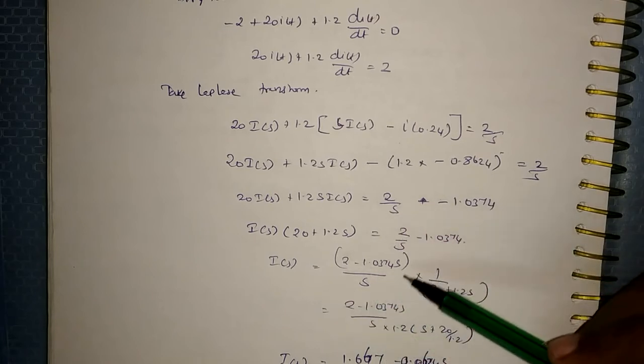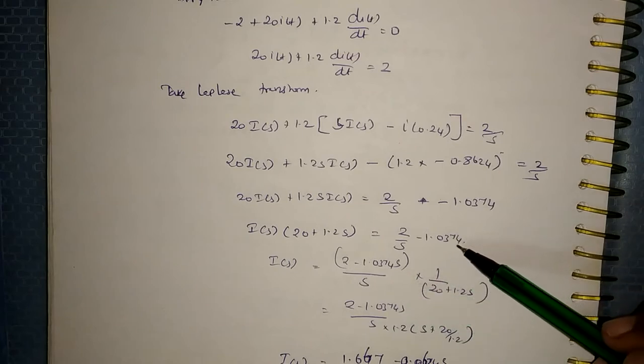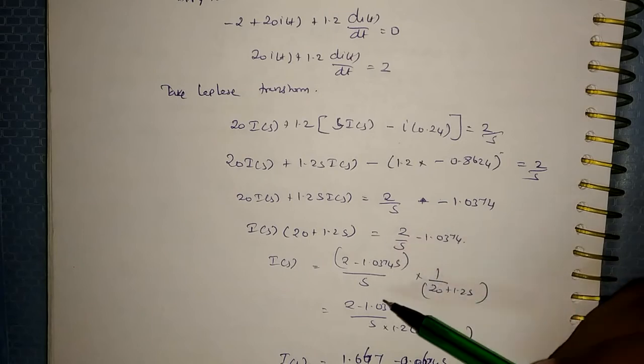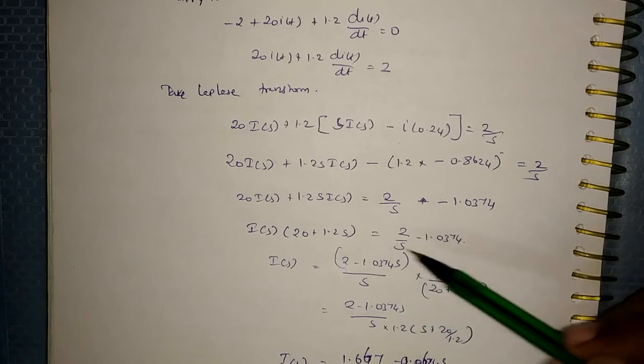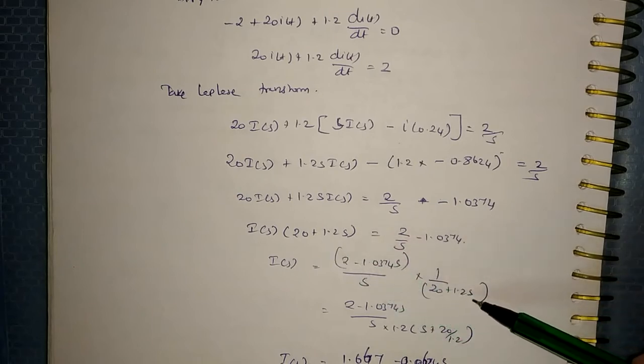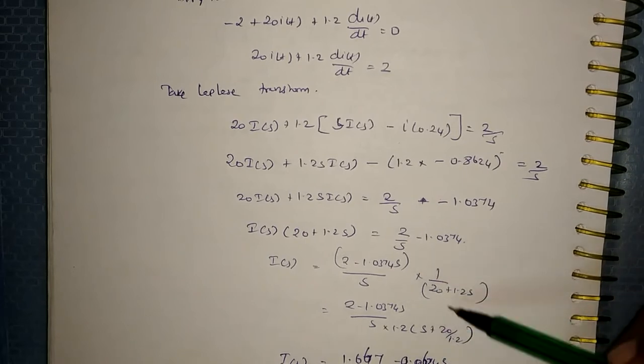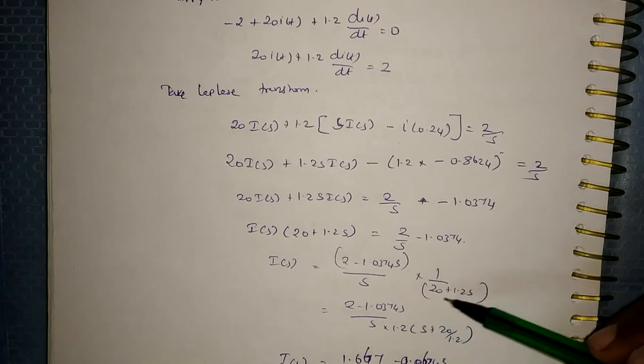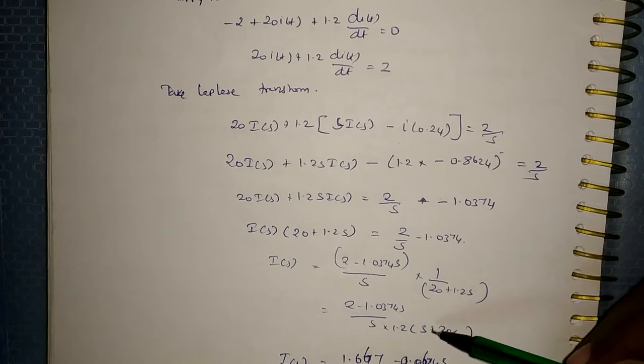So I of s can be written as 2 minus 1.0374 multiplied by s, taking the LCM, divided by s, multiplied by 1 by 20 plus 1.2 s. Again rearranging, I get 2 minus 1.0374 s by s multiplied by, taking 1.2 outside, s plus 20 by 1.2.